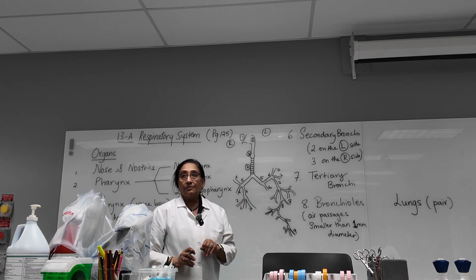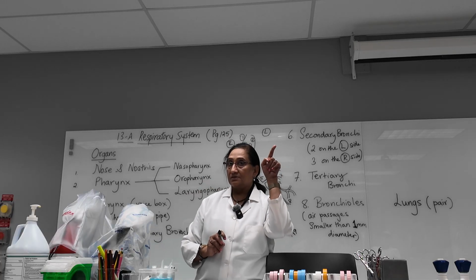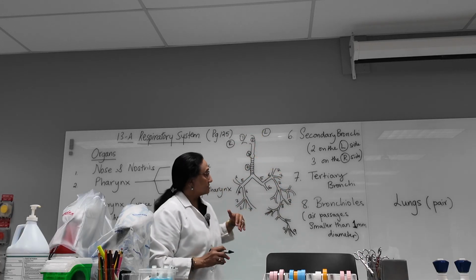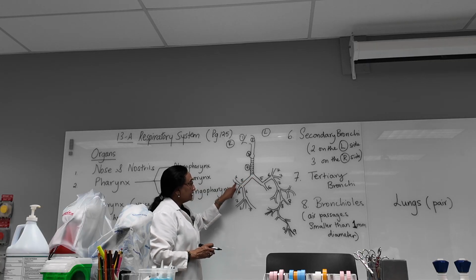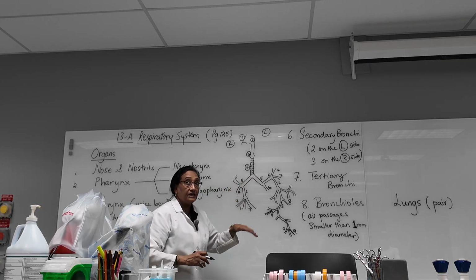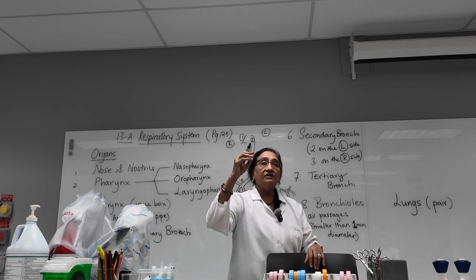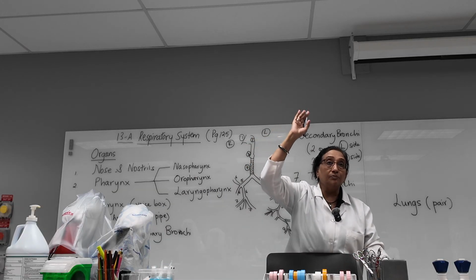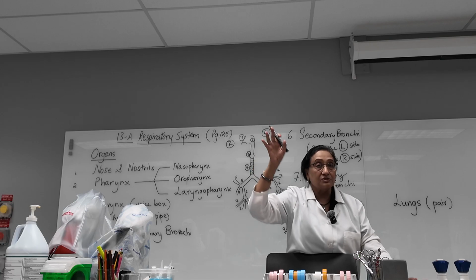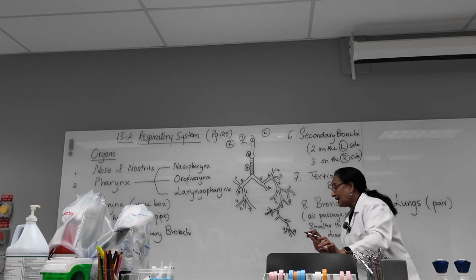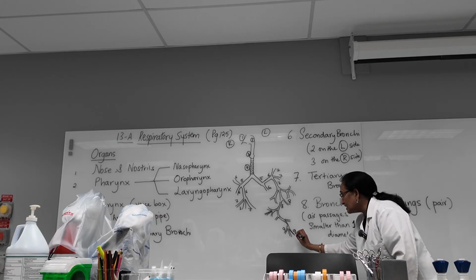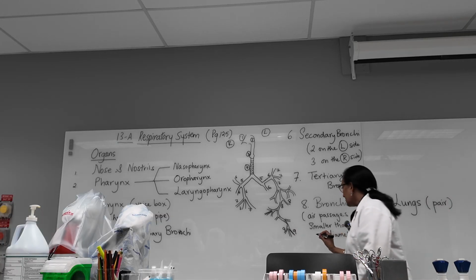The branching happens 16 times. From the trachea, this is 1 primary, the second one is secondary, third one is tertiary. After that, 4, 5, 6, 7, 8, it will keep on branching 16 times. So it becomes smaller and smaller and smaller. And finally, the last one, number 9, very tiny.